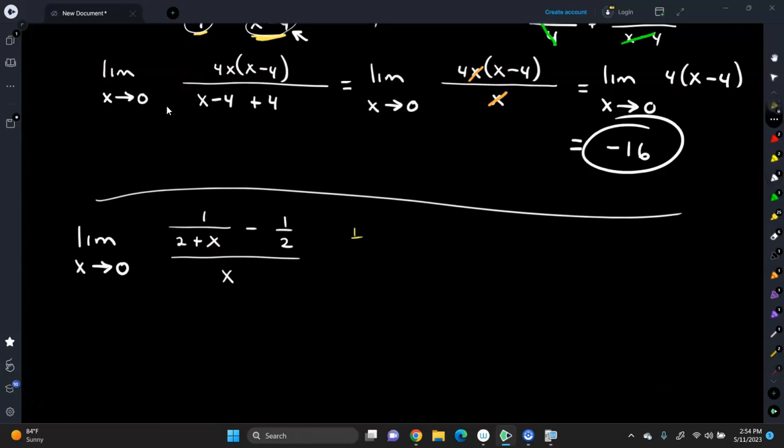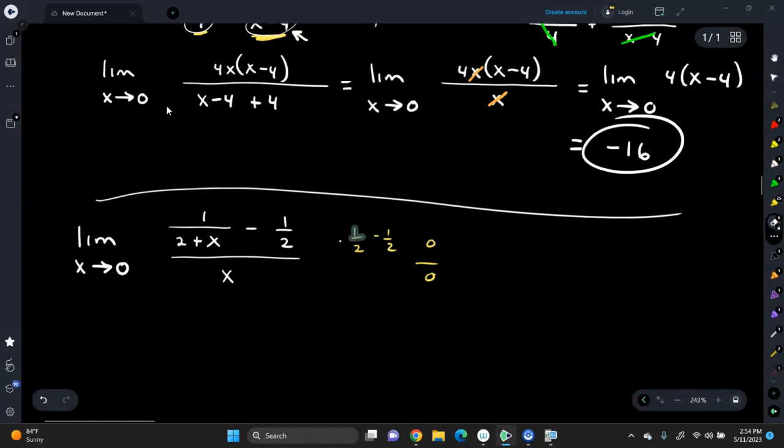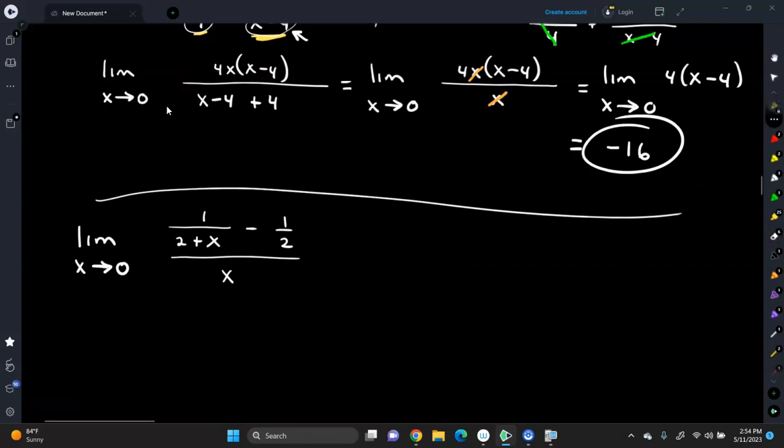When we do that, we're going to get 1/2 minus 1/2, which is 0 over 0. So we know we have a problem. Again, we can't factor and we can't rationalize, so we need to simplify this complex expression. So once again, we're going to multiply by the common denominator. So I have a 2 plus x, just represent every denominator, and I have a 2. We're going to multiply by that on the top and on the bottom.